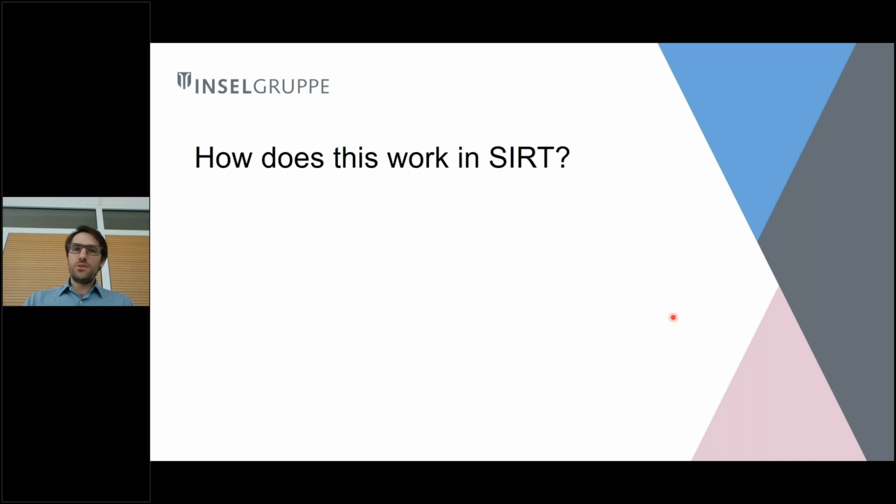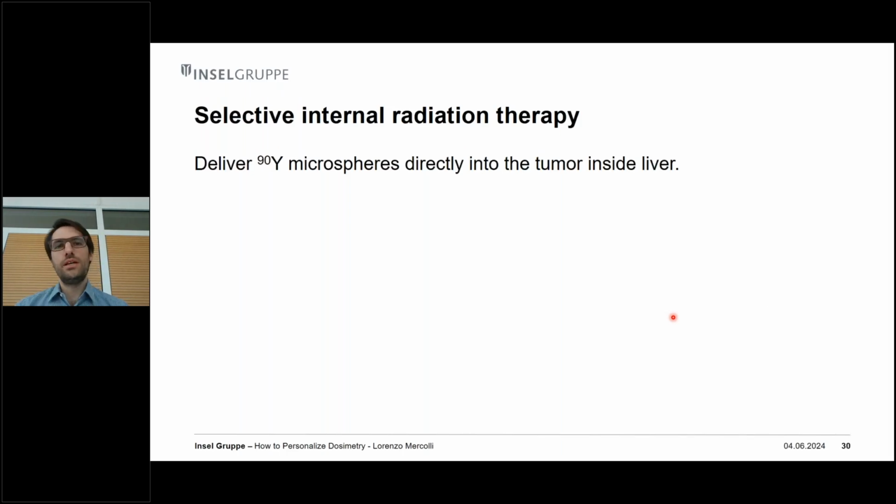Now, does this work also for something else than lutetium? So in CIRT, what we usually do is we deliver microspheres with yttrium-90 directly to the tumor inside the liver. These microspheres just flow with the blood, and then they end up in the small blood vessels in the tumor.